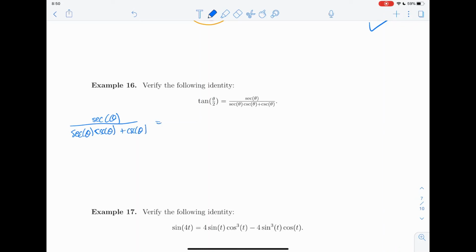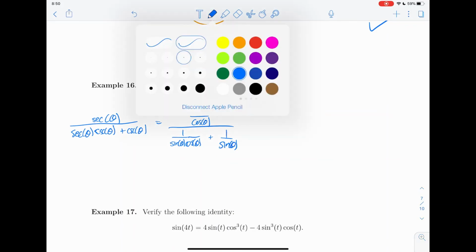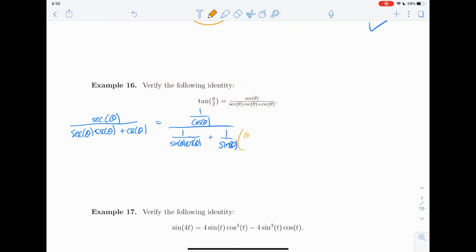I'm just going to turn everything into sines and cosines. We'll get 1 over cosine divided by 1 over sine cosine plus 1 over sine. And now the denominator needs a common denominator, so we're going to give this fraction over here on the right a cosine over cosine.